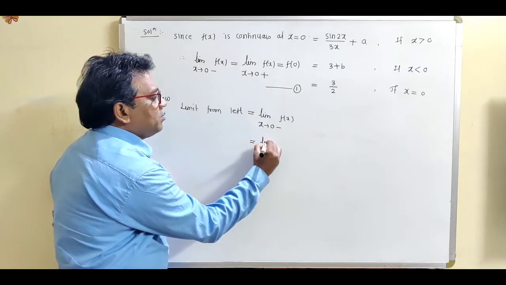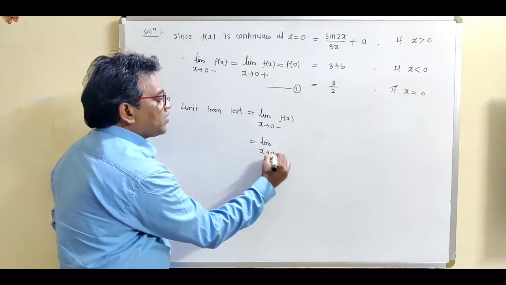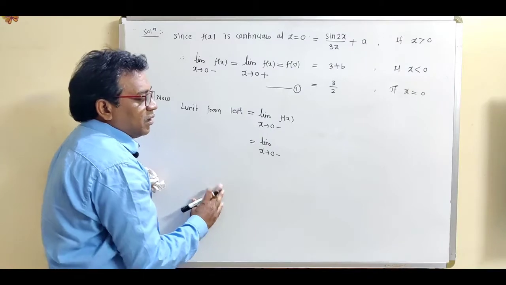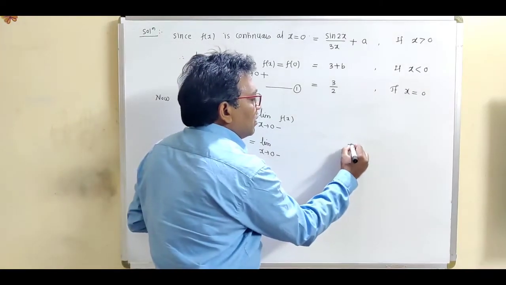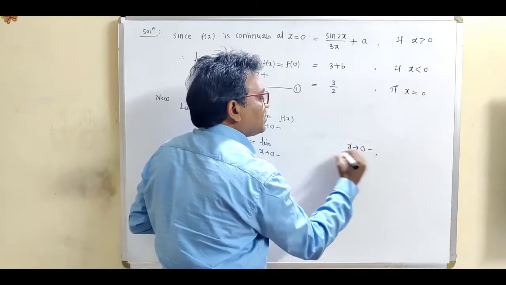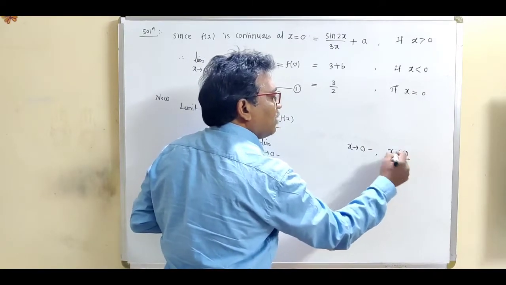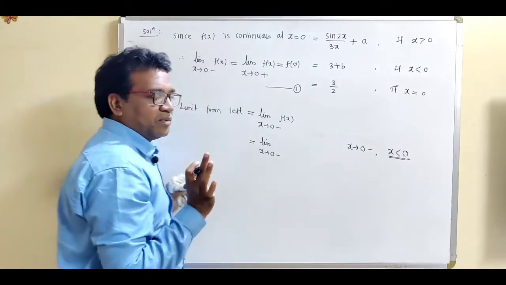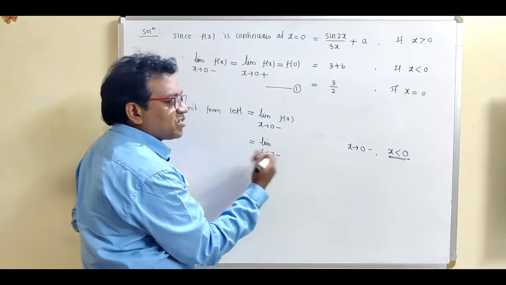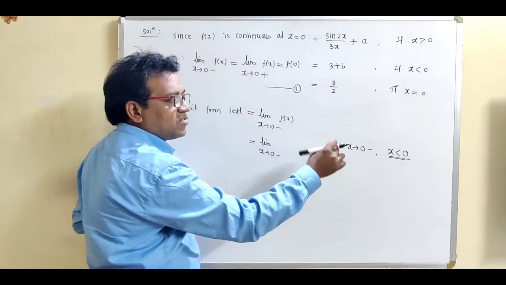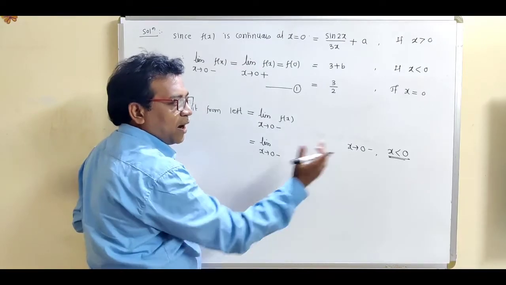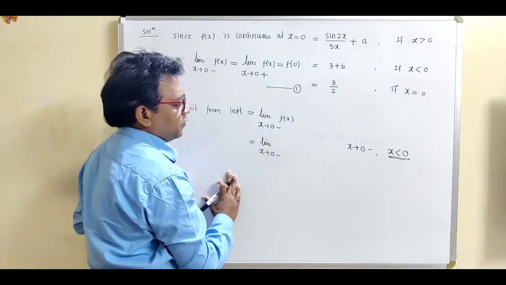So solve this limit, this is limit x tends to 0 minus. Now x tends to 0 minus means that x is less than 0 and very near to 0. What is the meaning of x tending to 0 minus? It means x is less than 0 and very near to 0.